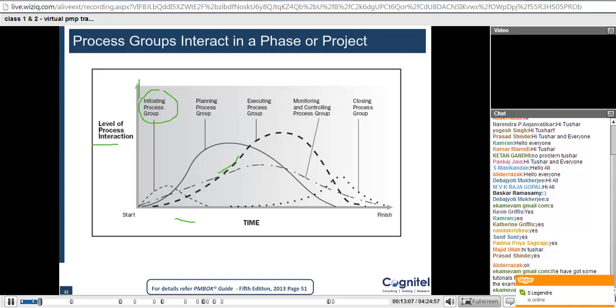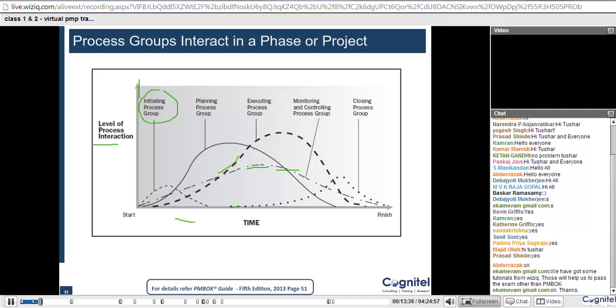Now once you move on, you can see that execution becomes the most interactive process, and planning would start coming down, and at the same time monitoring controlling would remain there throughout. You can see this line. This line goes throughout till the very end of the project, and then the execution finishes, and that's when you can see the closing here.